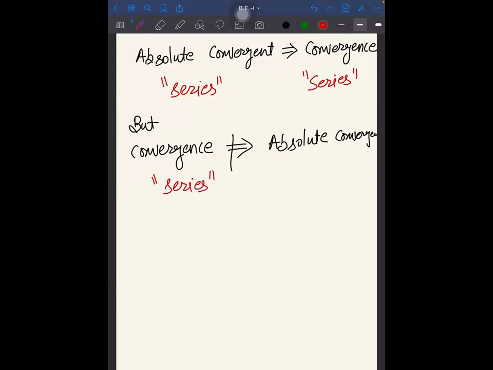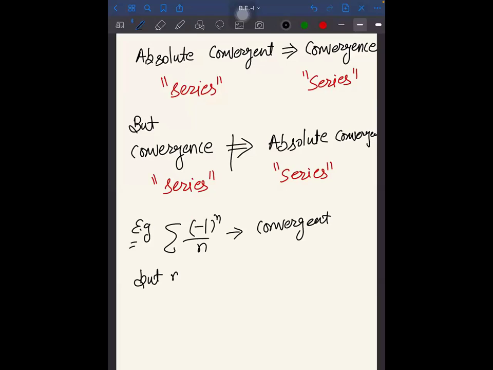Can you give me an example where convergence doesn't imply absolute convergence? Yes, we can have an example of conditional convergence. For example, we have this thing. This is convergent, right? But not absolutely convergent.